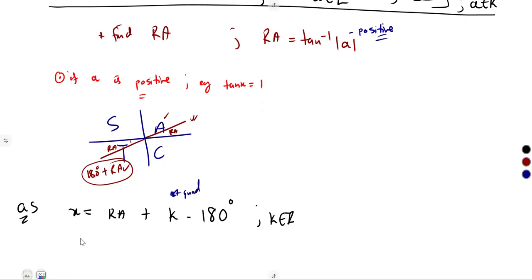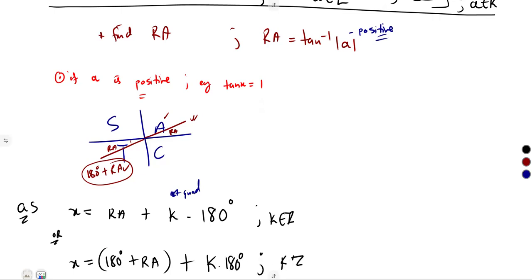Or we can have our x as, in the third quadrant, 180 degrees plus the reference angle, plus k times 180 degrees. So this is what we are going to have, with k being an integer.